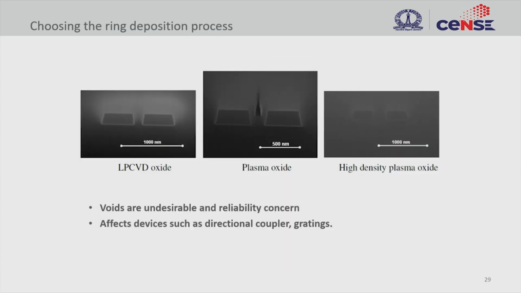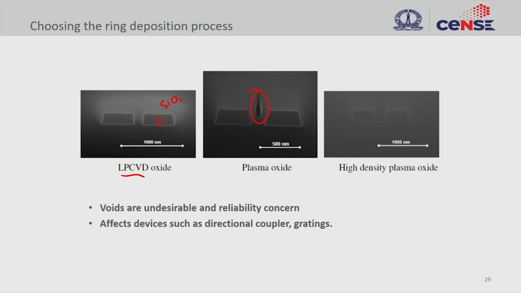This is an LPCVD process, which is a conformal process, and you will not see any gap between these two silicon. So this is silicon and this is silicon dioxide. However, in a plasma process, you see here there is a gap. There is an air gap formed because the growth at the two ends is closing, and then it creates a gap here.